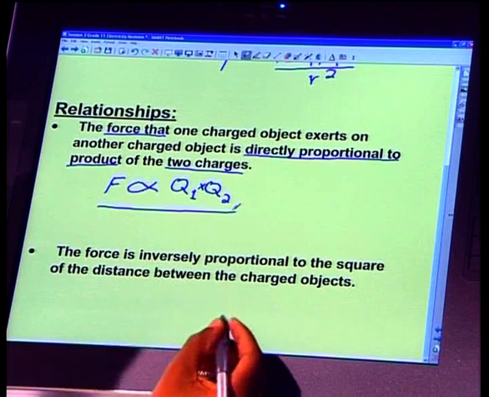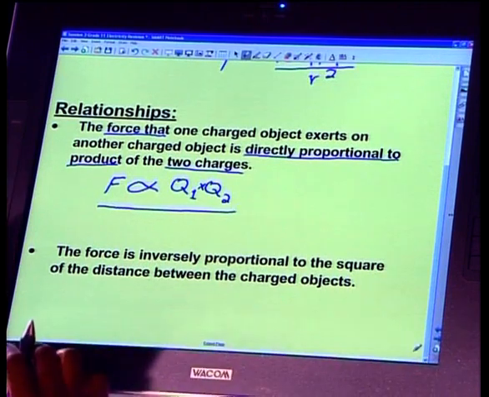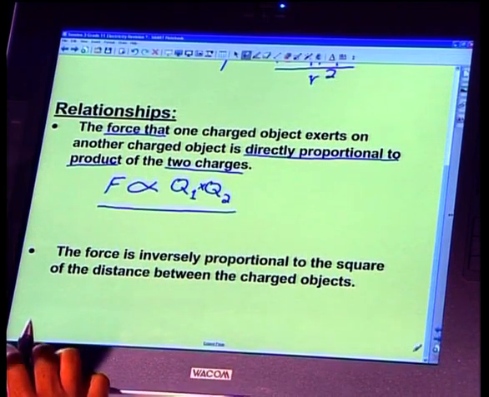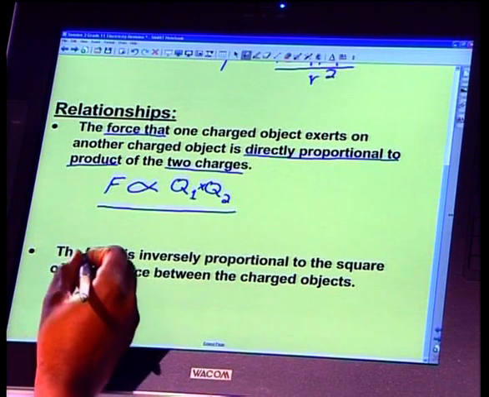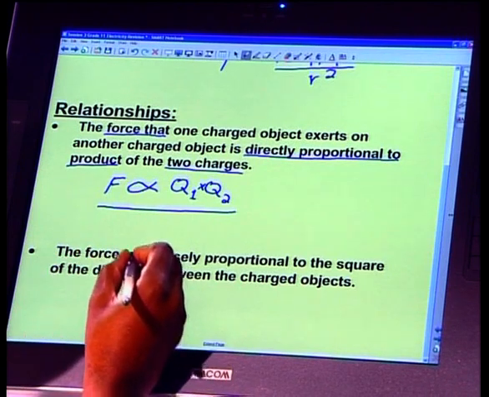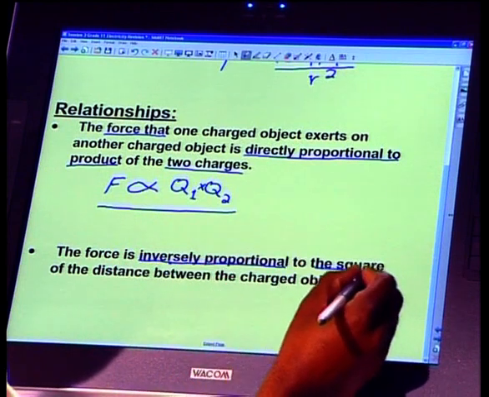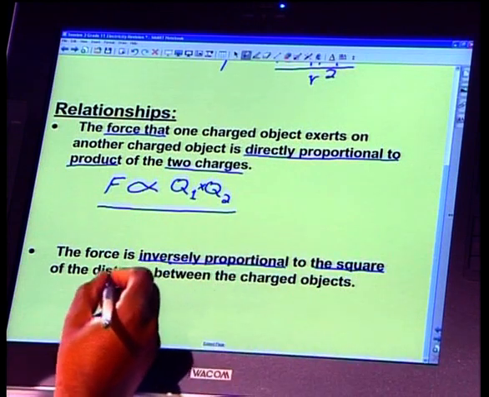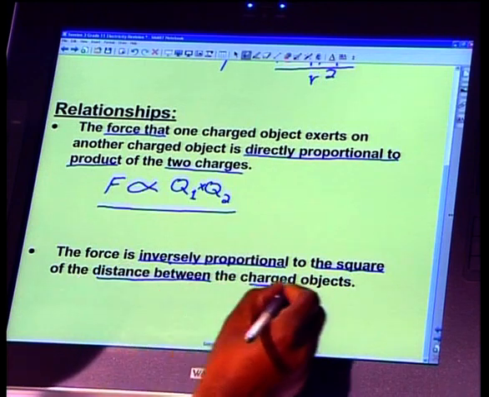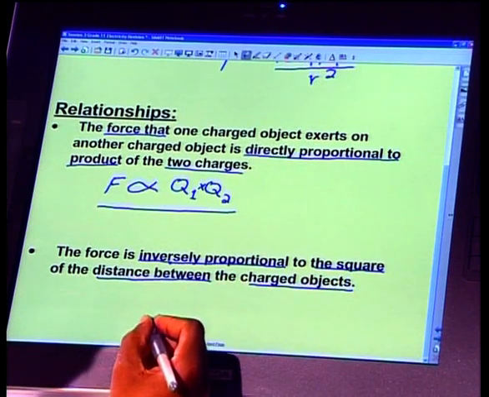Very important. Let's look at the second part of the relationship given in our Coulomb's law. It says the electrostatic force that we're talking about, the very same one, is inversely proportional to the square of the distance between the two charges, or the two charged objects.